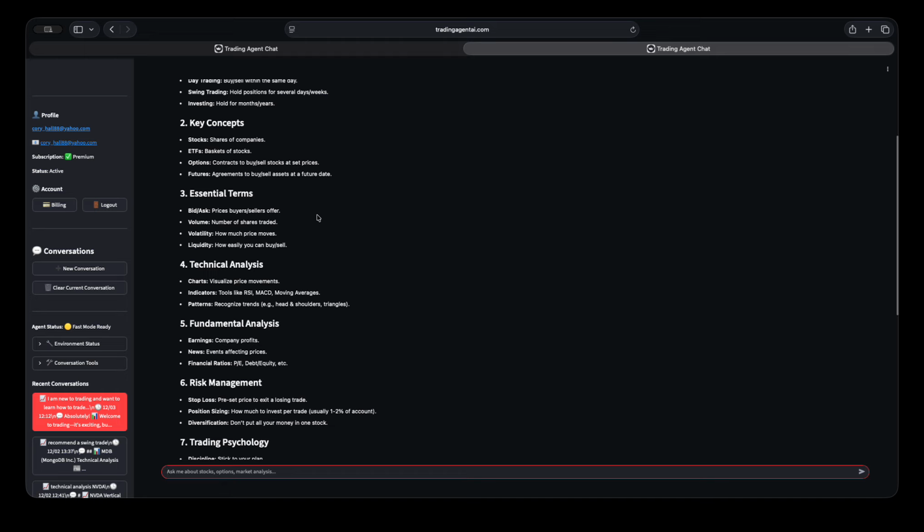And so volume typically is a measurement for liquidity, which is how easily you can buy or sell something. And that's something that you'll want to pay attention to when you get into a trade. You want to be able to make sure that you can get out of that trade, and you'll measure that by the liquidity. And then the volatility is how much the price moves.